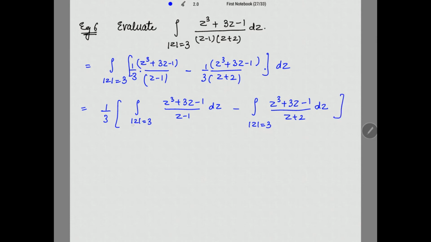Now your circle is mod z equal to 3 and the point z equal to 1, that is, 1 lies inside 3. Here also the circle is mod z equal to 3 and minus 2 also lies inside the circle.